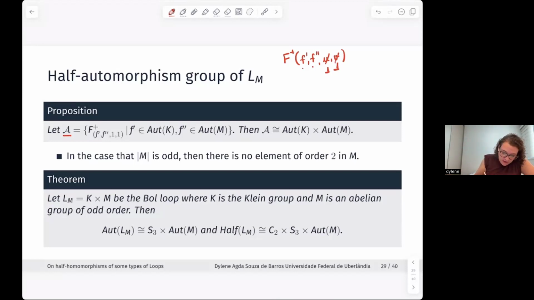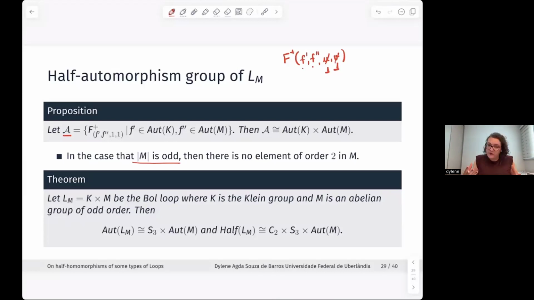In the case when M is odd, there's no element of order 2 in M, so this A is exactly the automorphism group of Lm. So we have this theorem for Lm, K times M, the Bol loop, where K is a Klein group and M is an abelian group of odd order.